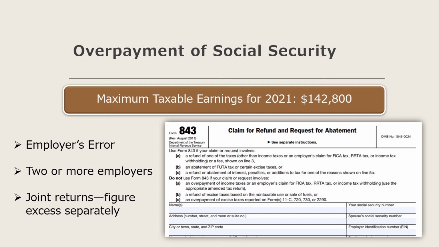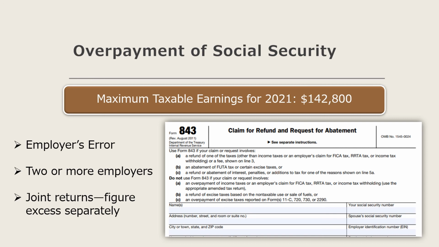With joint returns, it's important to remember that the Social Security tax is an individual thing, and so you would need to figure out the excess tax separately for each taxpayer. Maximum taxable earnings for 2021 for Social Security is $142,800, which is quite high for our clientele.